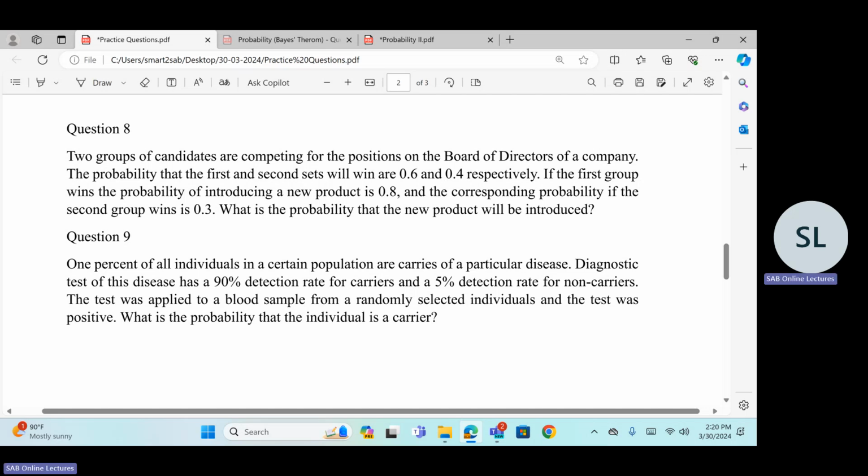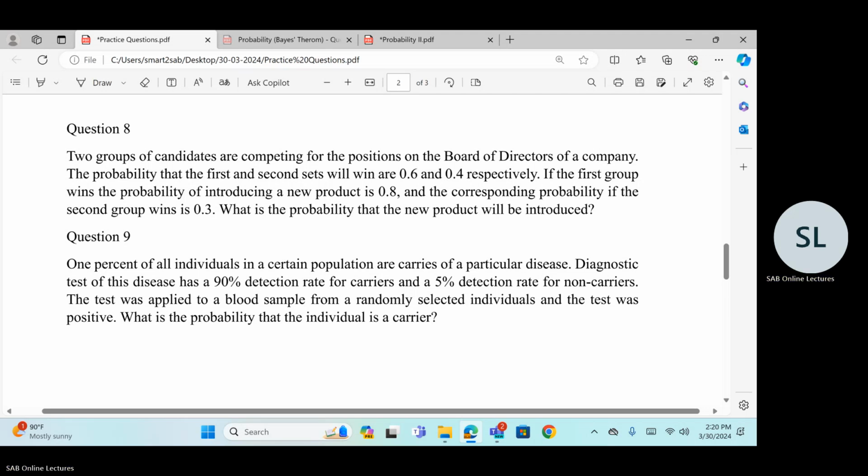What is the answer? 0.6 into 0.8 plus 0.4 into 0.3. That is 0.48 plus 0.12, which is 0.60. Understood now? Total probability concept? Always read the question and understand what the question asks.